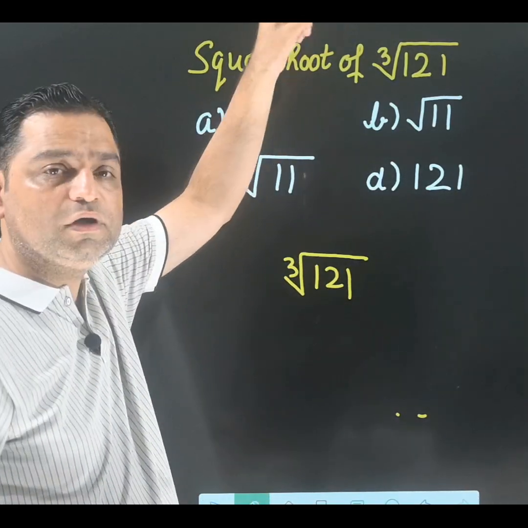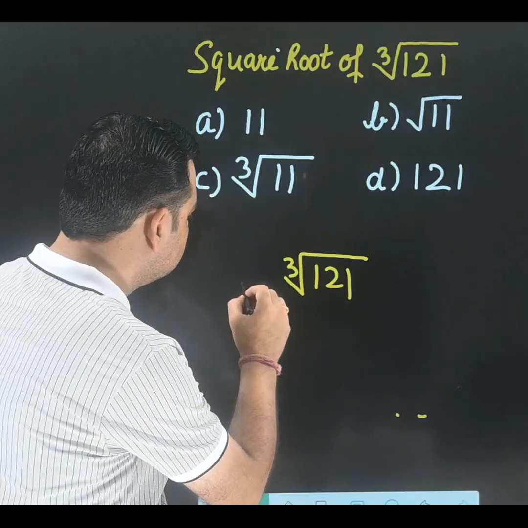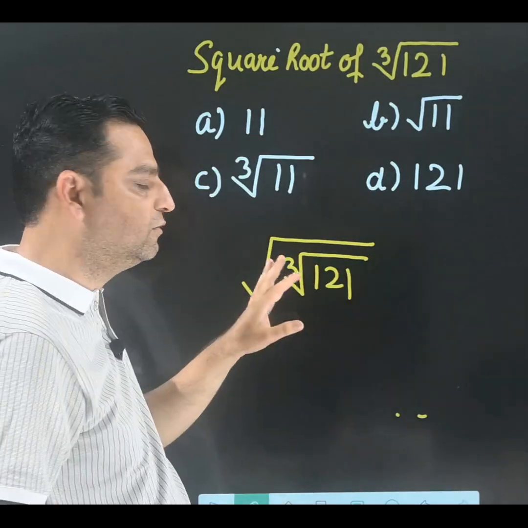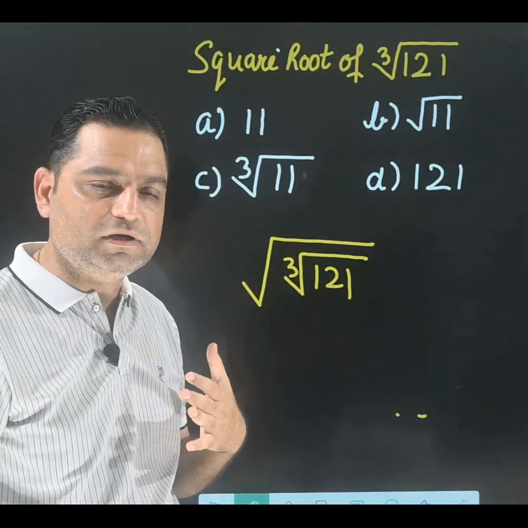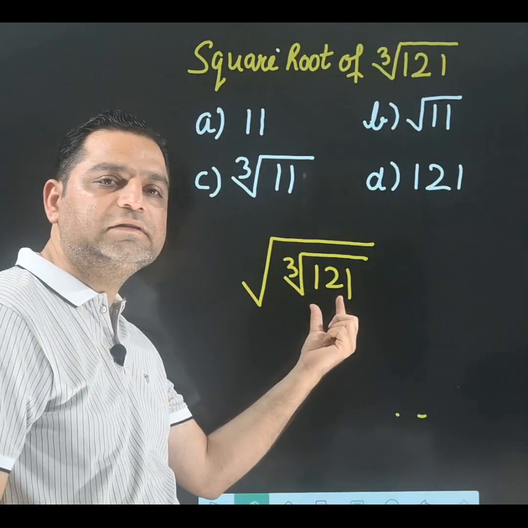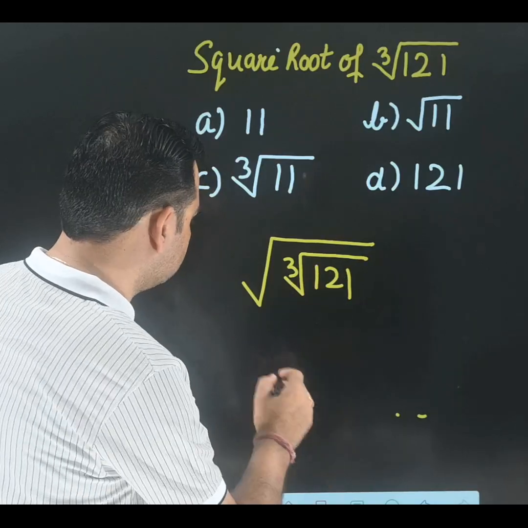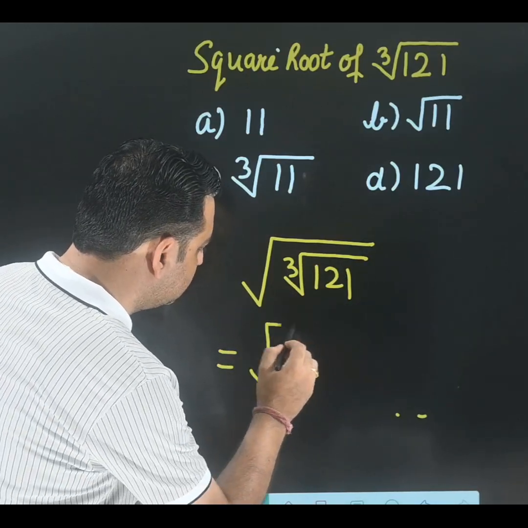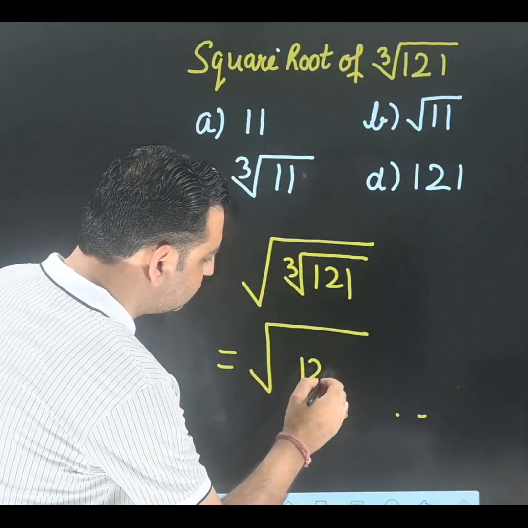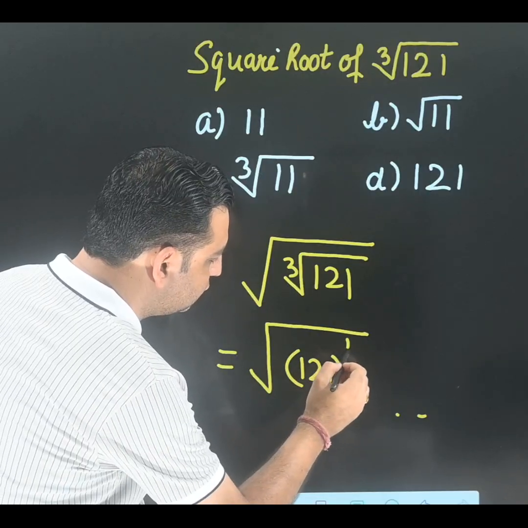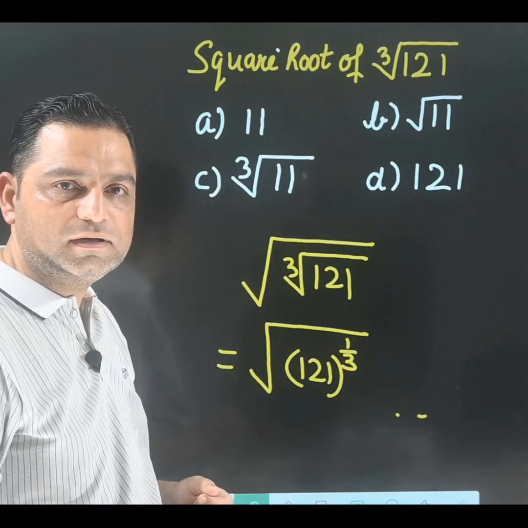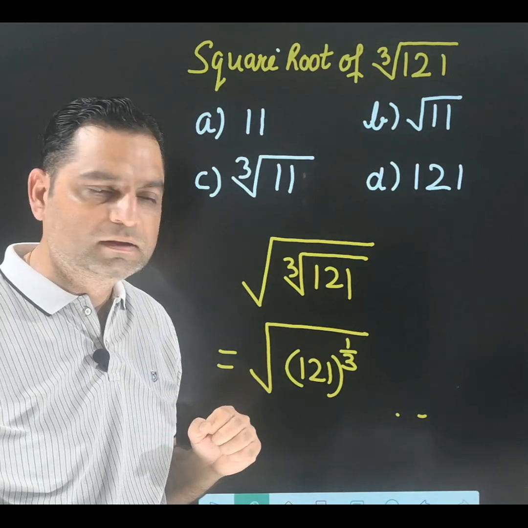Now further square root of this value. This is the actual situation which I need to find: square root of this cube root. Now the way we have learnt, this can be written as 121 to the power 1 over 3. Right? There is no confusion about it.